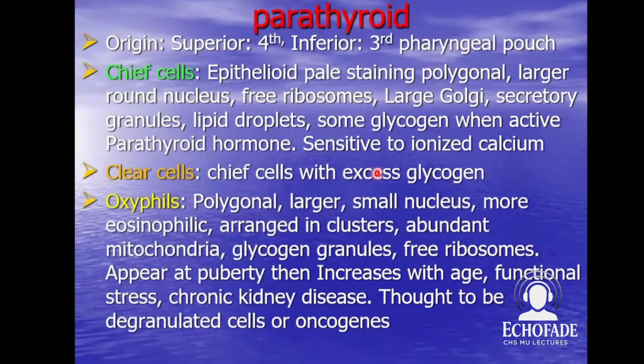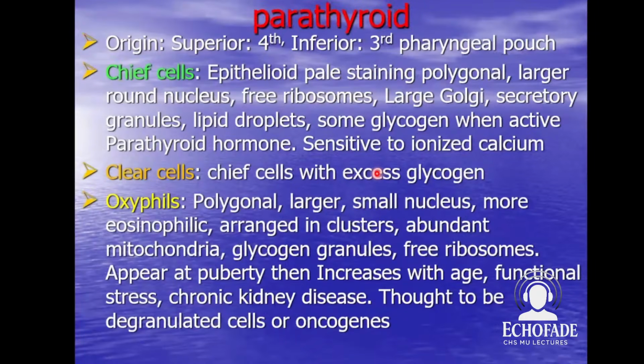The other cell types are oxyphils. The oxyphil cells are polygonal, they are large, with a small nucleus, some mitochondria, and glycogen granules are also present. Free ribosomes are in the cytoplasm. And these appear at puberty and increase with age.